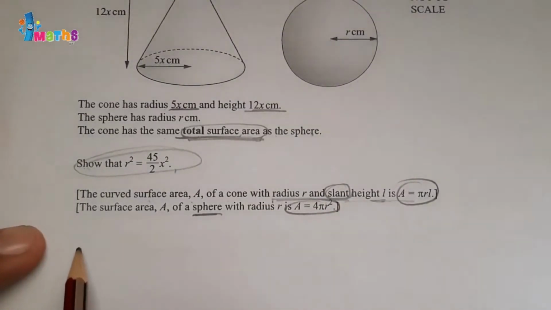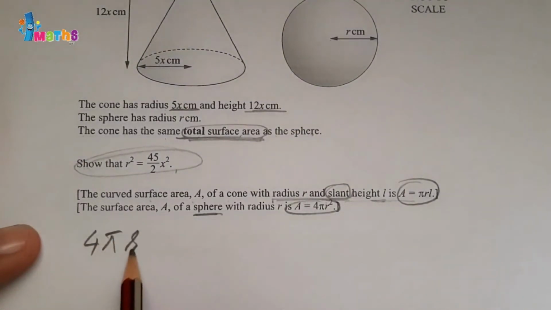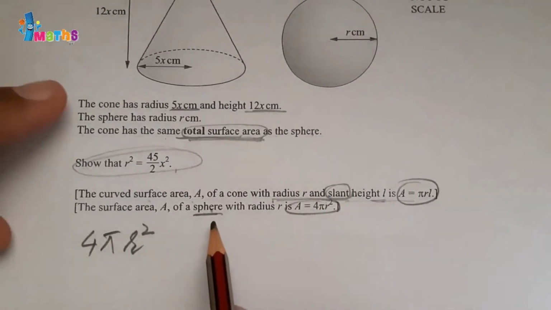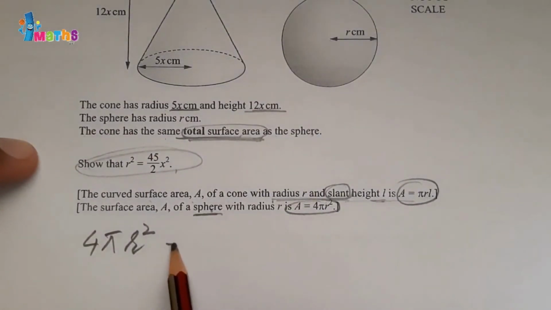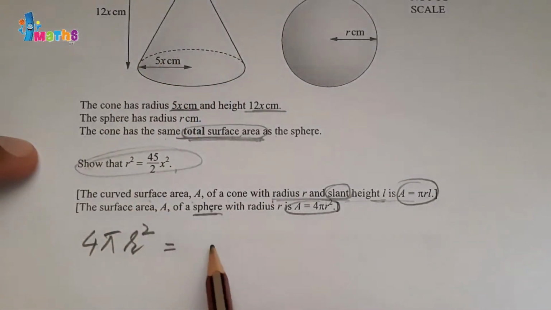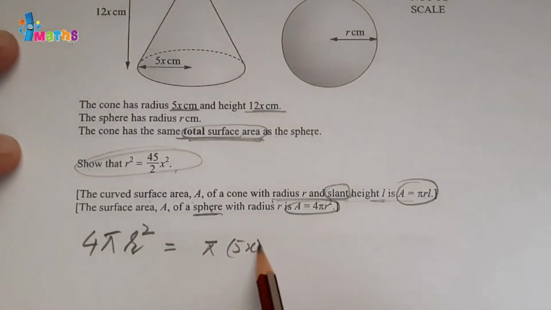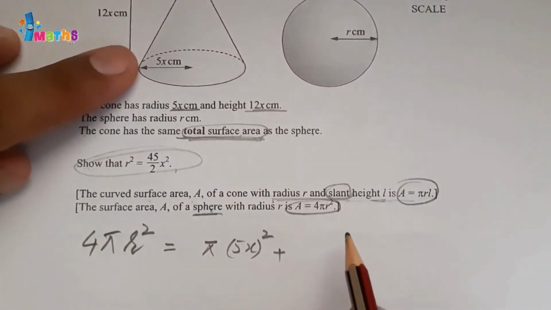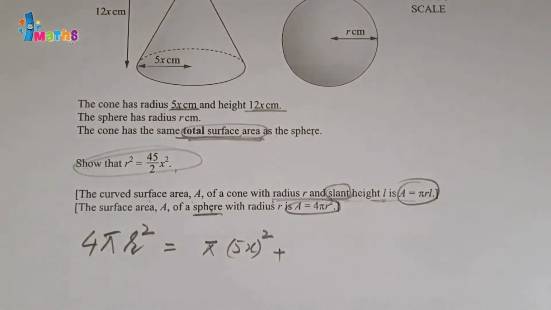4 pi r square is the surface area for this sphere, and the total surface area of this cone we will calculate, which is pi r square, which is the base, pi into 5x square, plus we need to find the curved surface area of this one. To find the curved surface area, we need to find the slanting height.